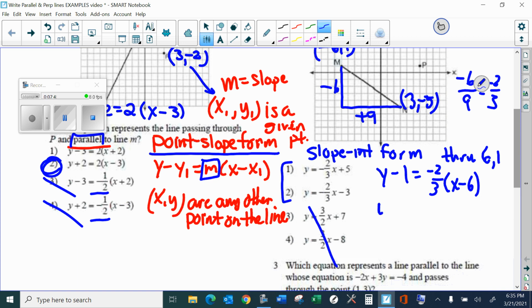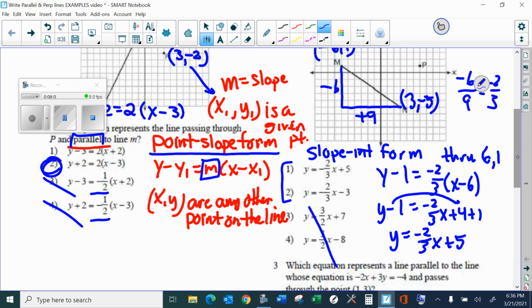I can go ahead and distribute the -2/3 through there, so -2/3 x. The 3 cancels with the -6, -2 times -2 is +4, and then I'm adding the 1 across. So y equals -2/3 x plus 5.